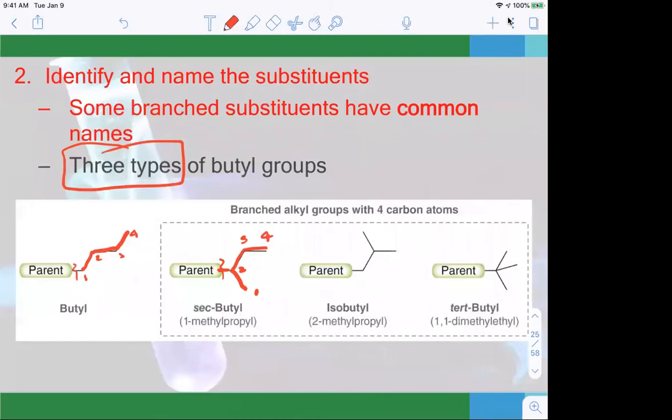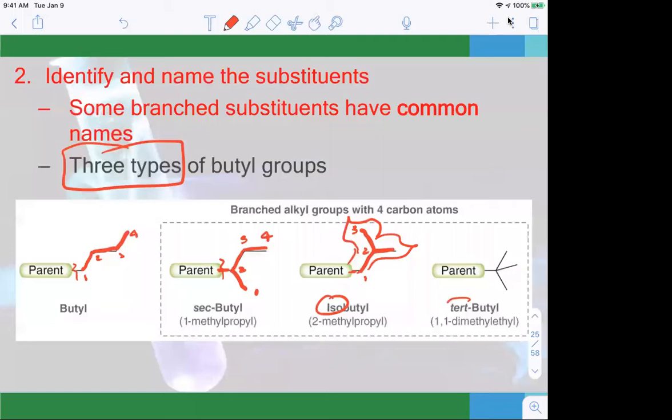Here I'm connected at the first carbon. Or I could have a branch on my butyl and still be connected here. Notice isobutyl, my whale tail. When I talk about iso, I'm connected to the first carbon, but I make that whale tail.